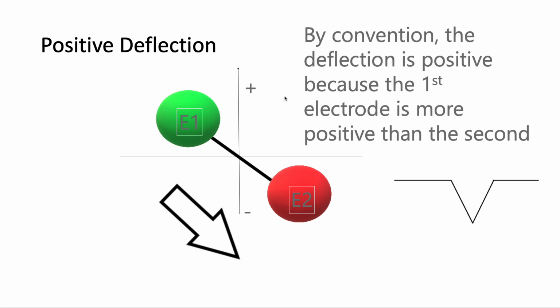So what I did was I put two relative charges, one representing E1 or electrode 1, one representing E2, on a Cartesian coordinate system here.